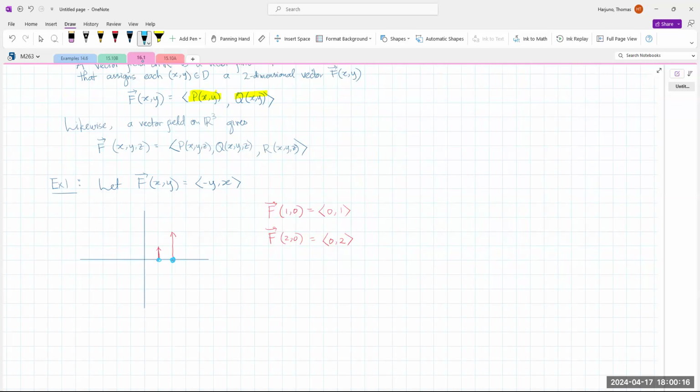Okay, they happen to be parallel, but it doesn't have to be like that. How about at F(0, 1)? This gives us (negative 1, 0), which means at (0, 1), I will be pushed to the left 1 unit. At (0, 2), I will be pushed to the left by 2 units.